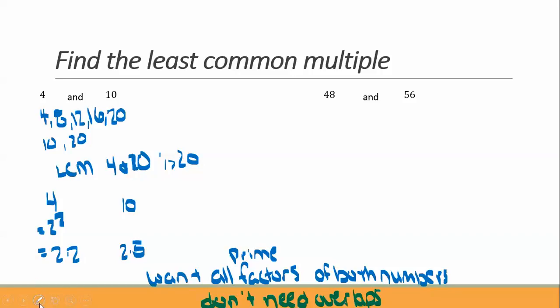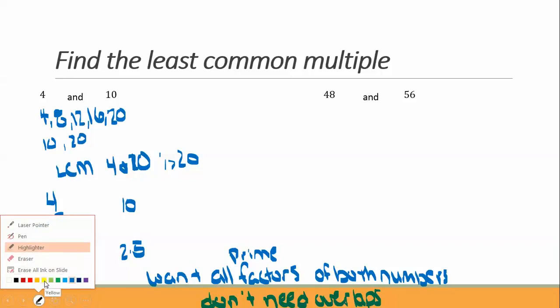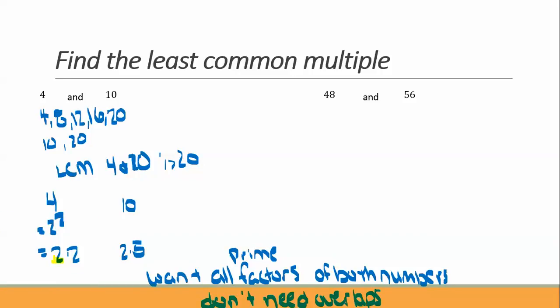For instance, here, there's 1, 2. There's a 2 in each of the factors. There's a 2 and there's a 2 here.